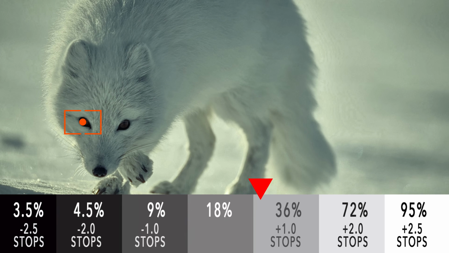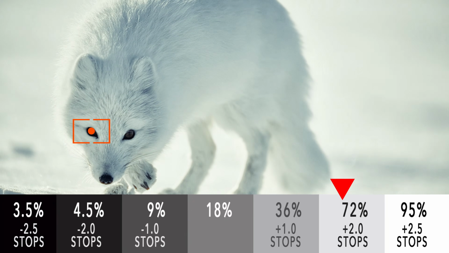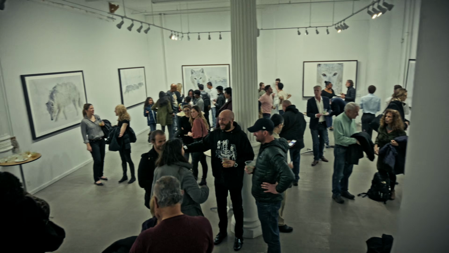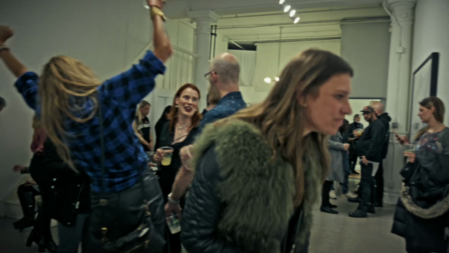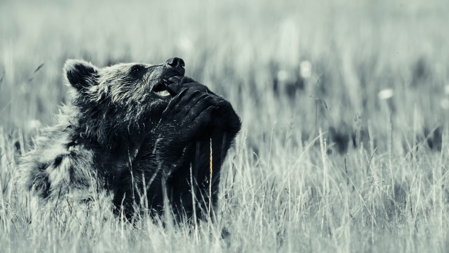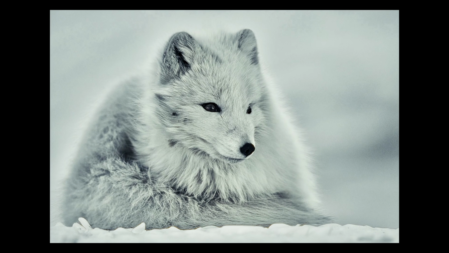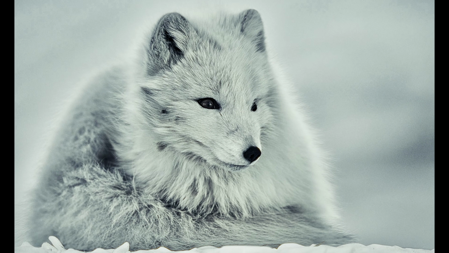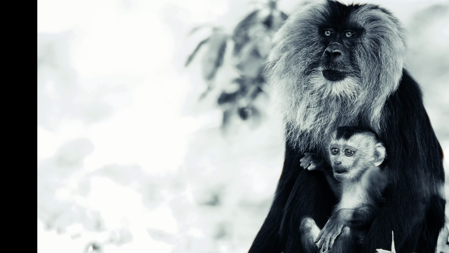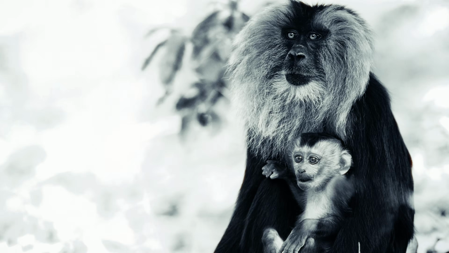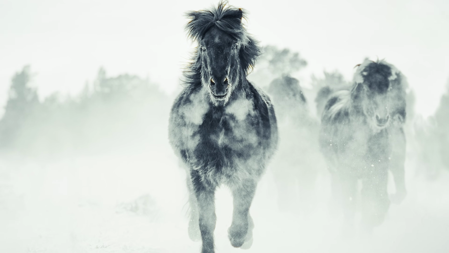How to expose properly without letting your camera give you wrong information. And finally, the real secret. Your viewer always looks at the brightest spot in your frame first. When you control that edge, you control attention. And when you control attention, you control the emotion of the photograph.